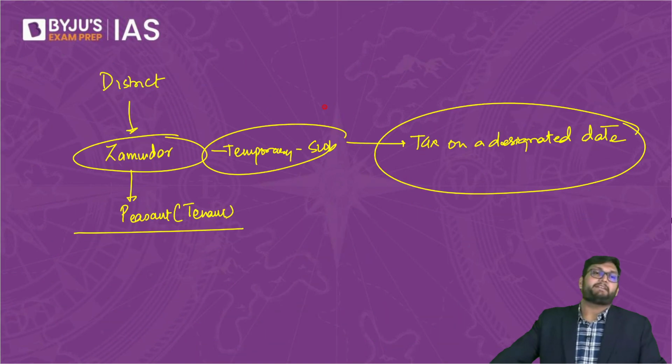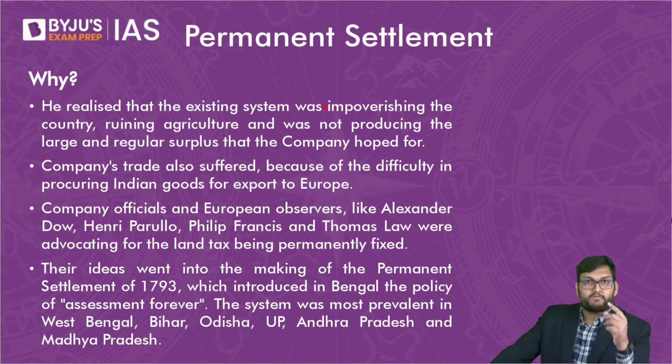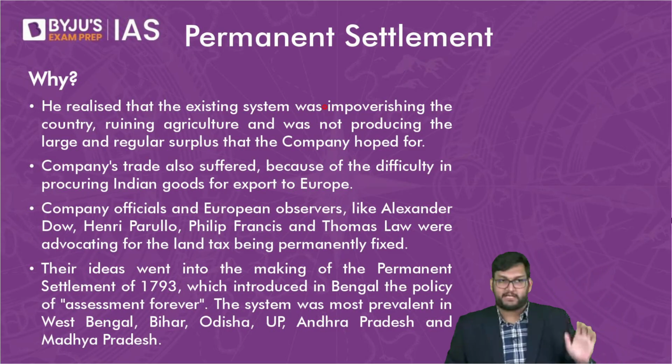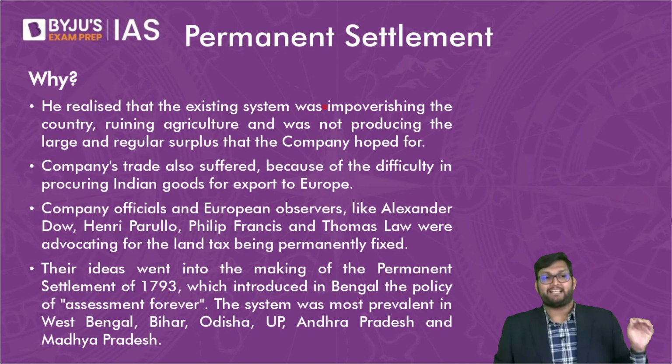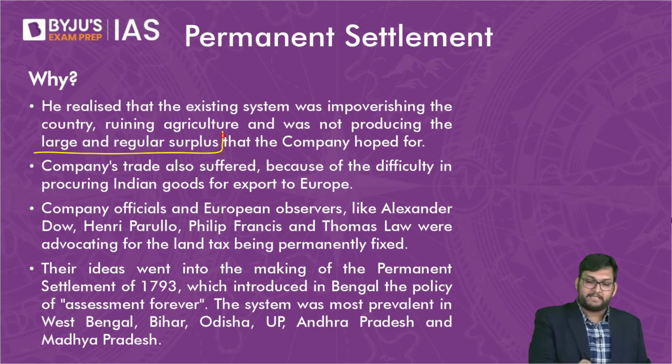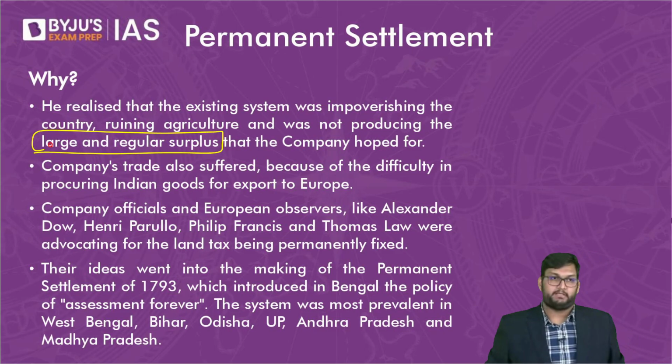what is permanent settlement? If anybody has even an ounce of doubt, please listen to me. Why did they change the system from Hastings system? He, which is Cornwallis, realized that the existing system was impoverishing the country, ruining agriculture, and not producing large and regular surplus for the British, for the company.